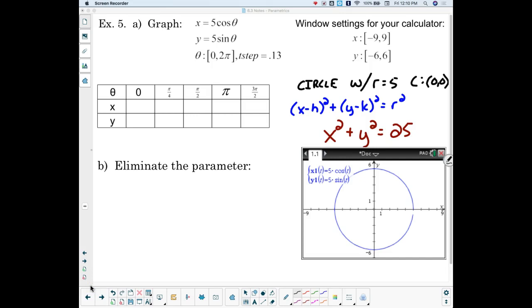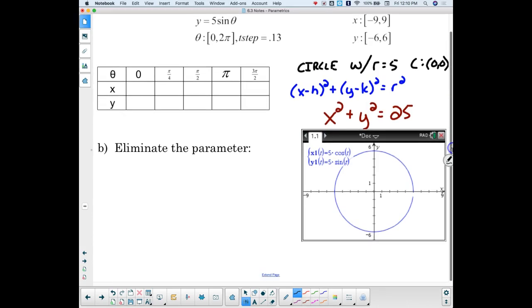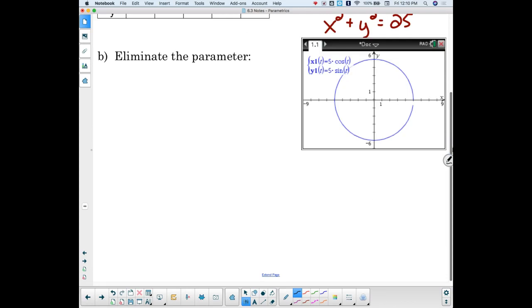So somebody tell me what they did first. Okay, which one did you choose? The y? Okay, so you went with y equals 5 sine of theta, right?